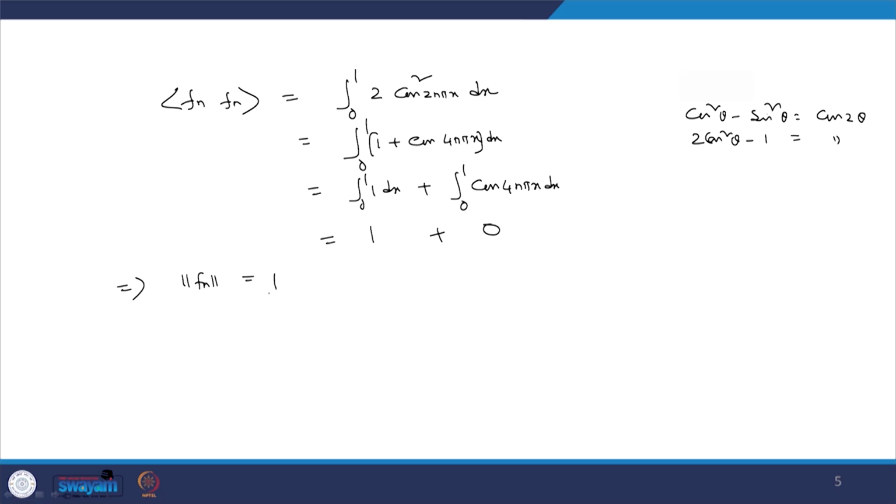So, this implies the set capital S equal to F1, G1, F2, G2, and so on is a set of orthonormal vectors.